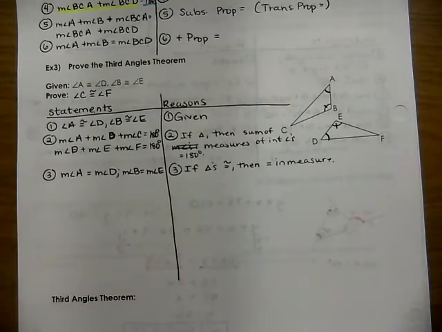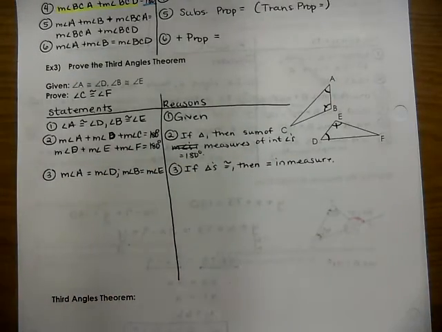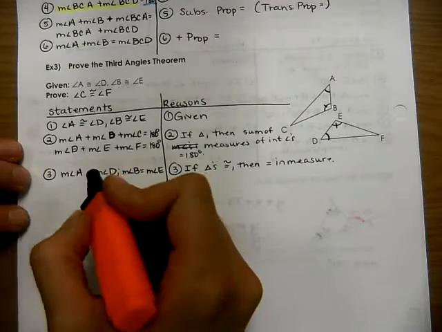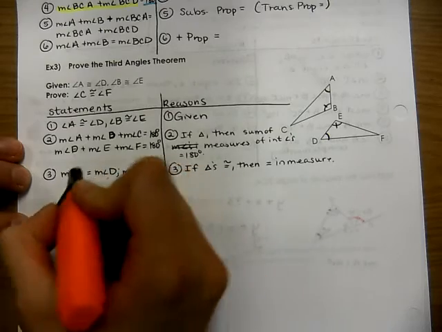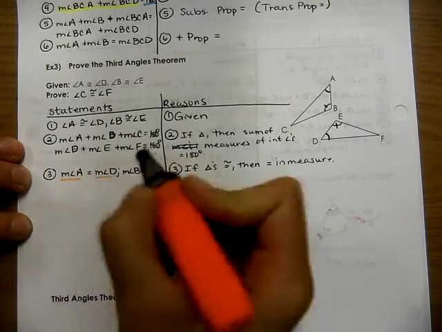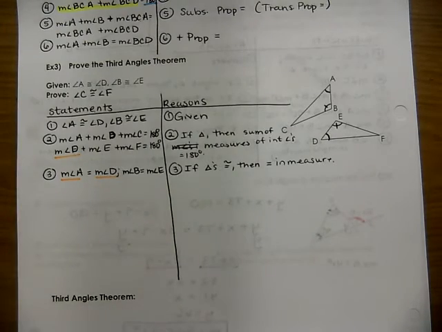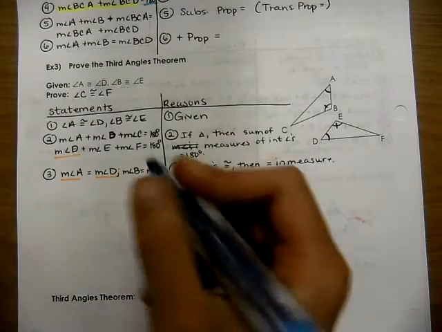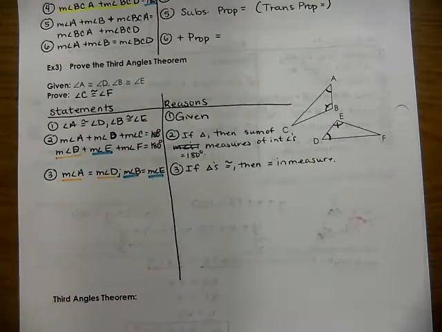And now what I can do is I can substitute these in. So what I'm going to do is take measure of angle A equals D, I'm going to substitute that in here. And measure of angle B equals E, substitute that in there.